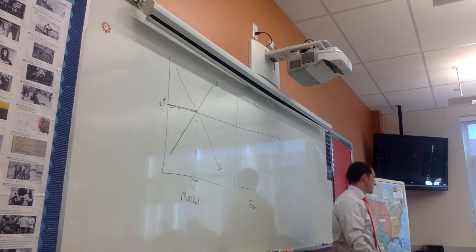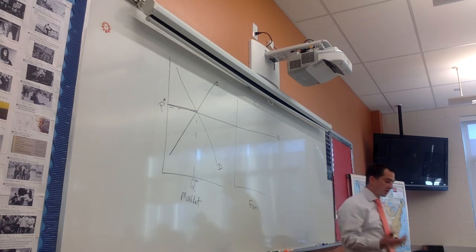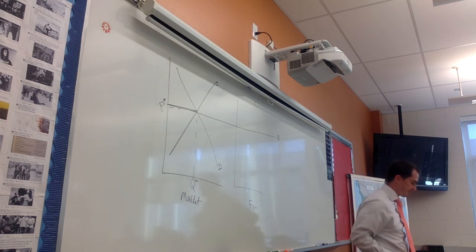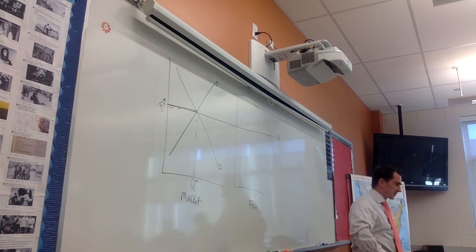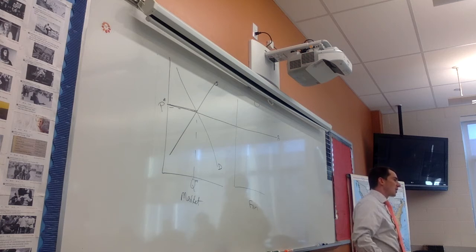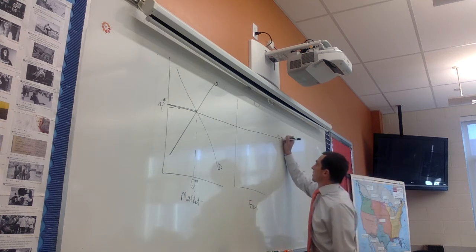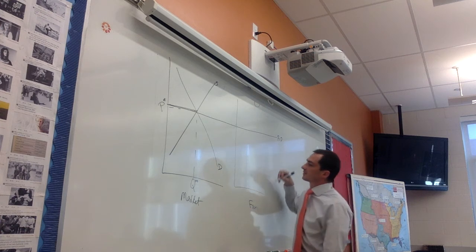There's one price. You're one firm. The assumption is you're one firm. You can't make a difference in the price. You have no price control. You're what's called a price taker. You face a demand curve that's perfectly elastic.